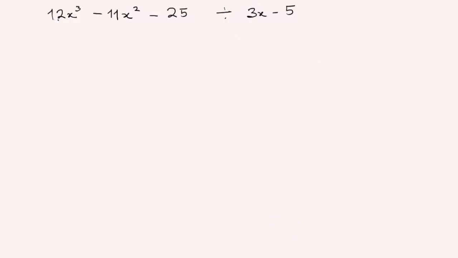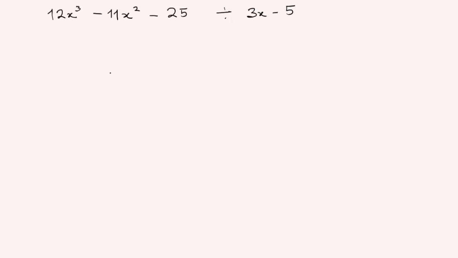So the next question says 12x cubed minus 11x squared minus 25 divided by 3x minus 5. Now, for us to correctly evaluate this, we can see that there's an expression missing here, which is our x. We have x cubed, we have x squared, but there is no x. We have to insert that even though it's missing, but the coefficient of x is going to be 0 in this case.